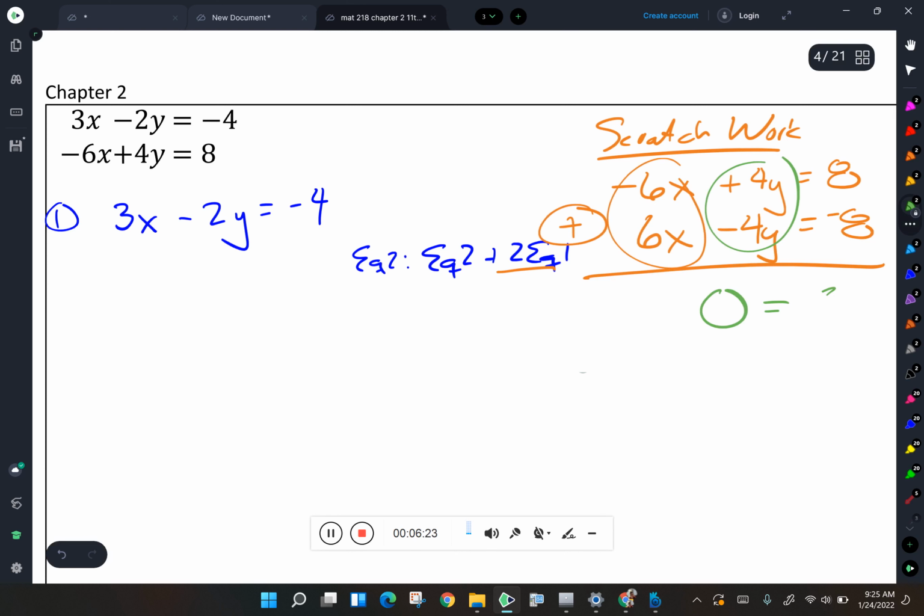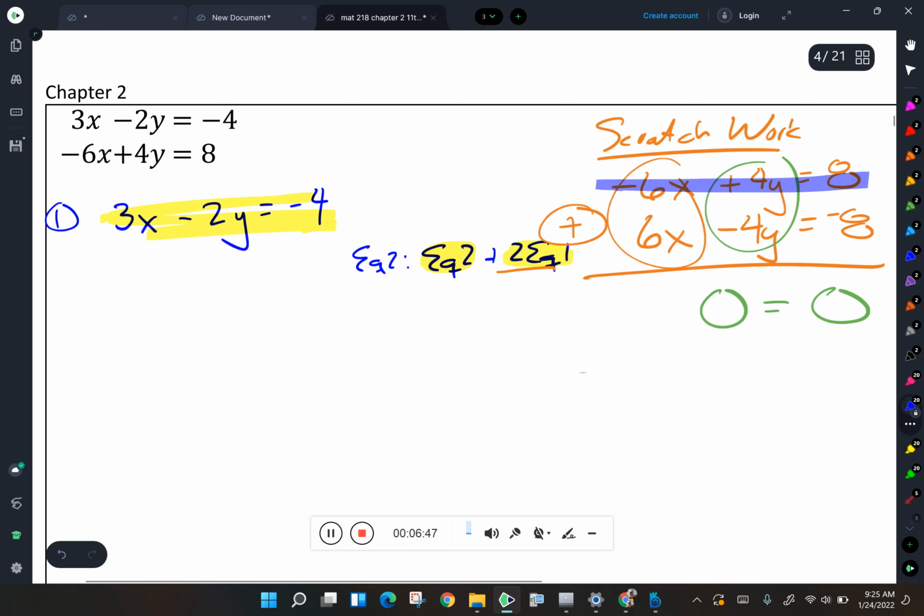But now what did I also get on the right-hand side? I got 0 on the right-hand side as well. Okay, again, something weird is happening. So I'm going to check my work. Let's see. I copied this one down right, so that's good. I'm doing equation number 2 plus 2 times equation number 1.